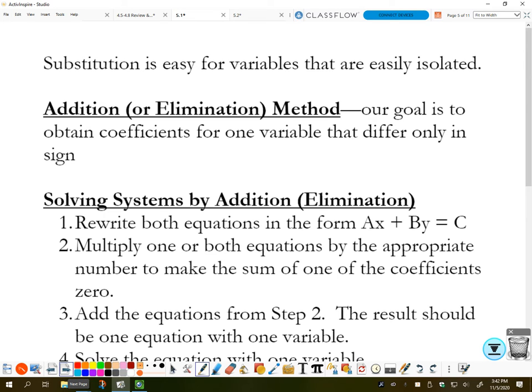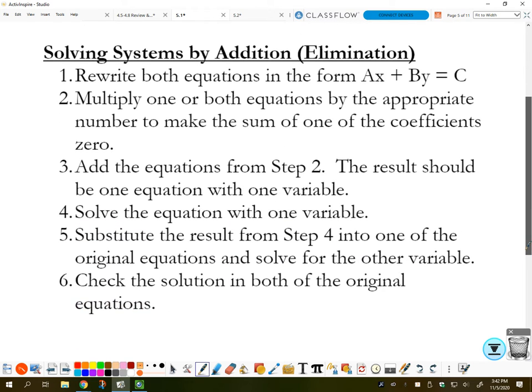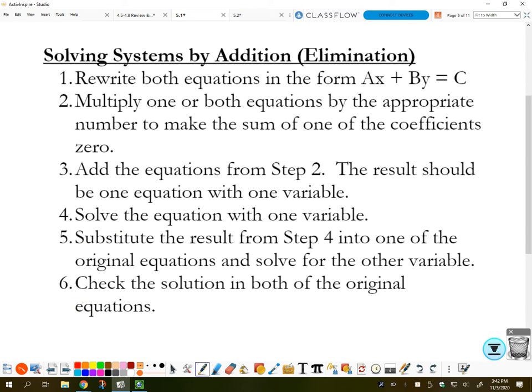Alright, that was substitution. The other option is elimination, or the addition method, or the linear combination method. It's called a bunch of different things. Basically, it's where you put your 2 equations together and make a variable disappear. So if you need some steps, this is a good set of steps.